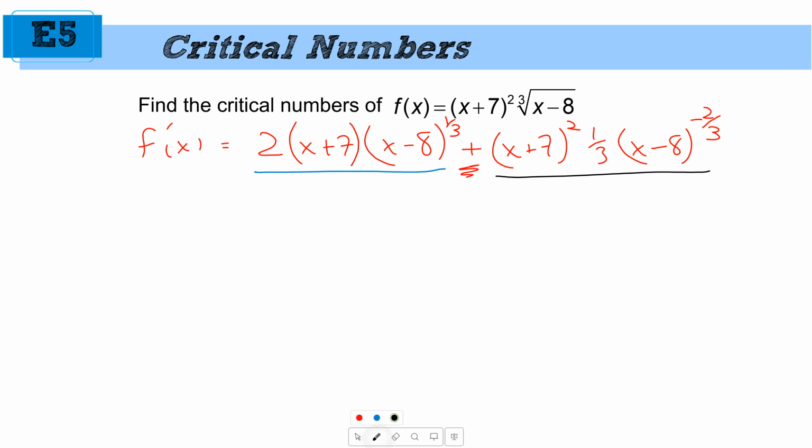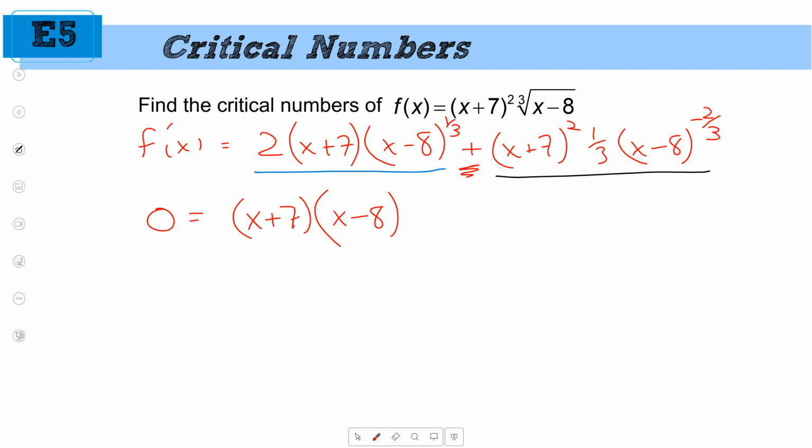Beautiful. I'm going to factor those out, and this is what's new, because I don't think we've talked about this yet. I can either factor out an x plus 7 or an x plus 7 squared. I can either factor out an x minus 8 to the 1/3, or an x minus 8 to the negative 2/3.